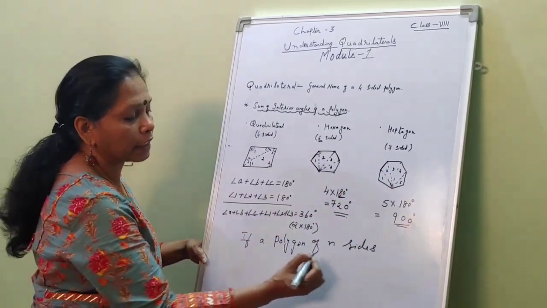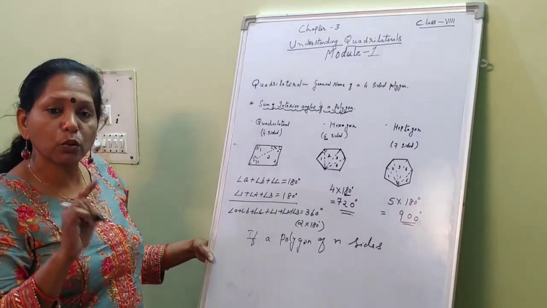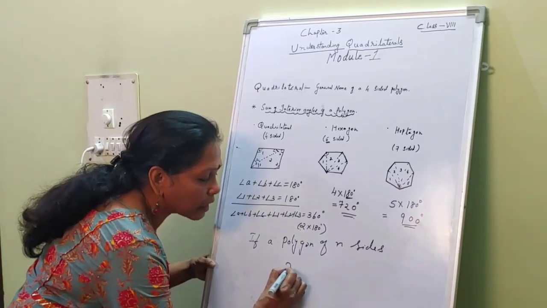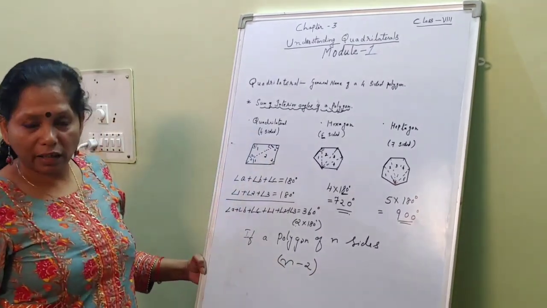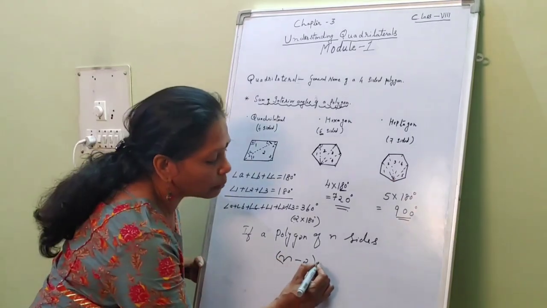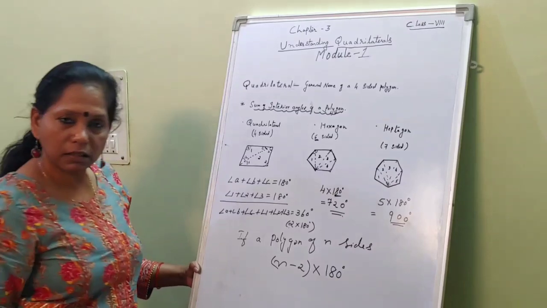So if the polygon has n sides, we can divide that polygon into 2 less triangles. That is, I can divide it into n minus 2 triangles, and the sum will be n minus 2 into 180 degrees.